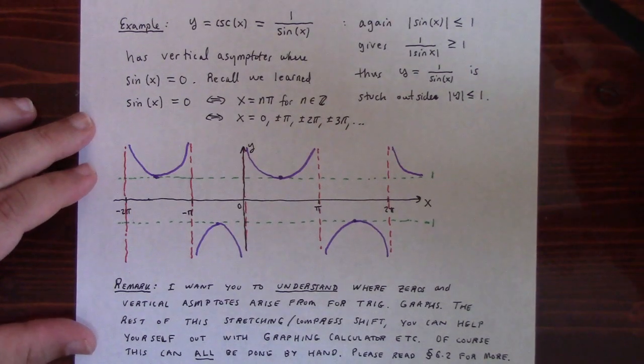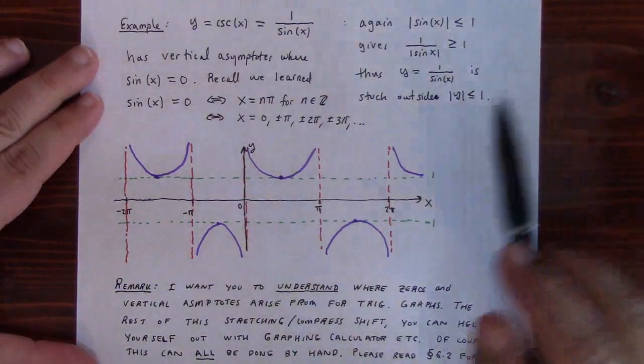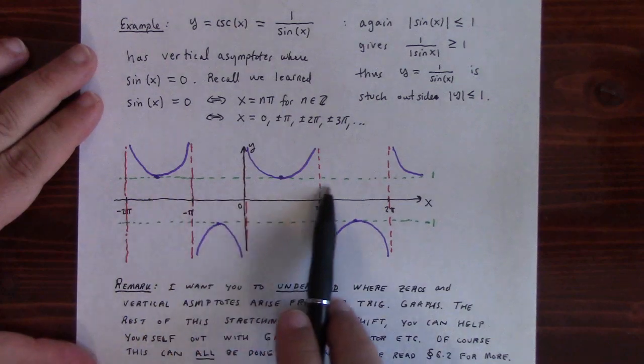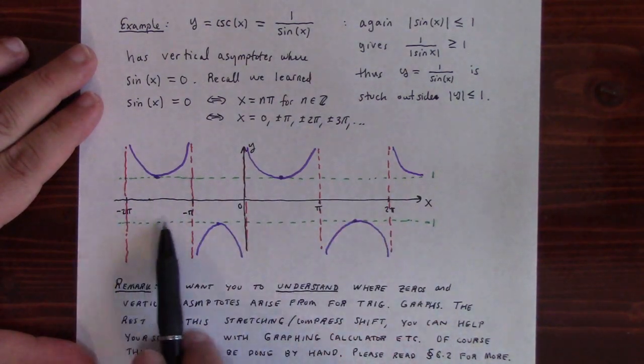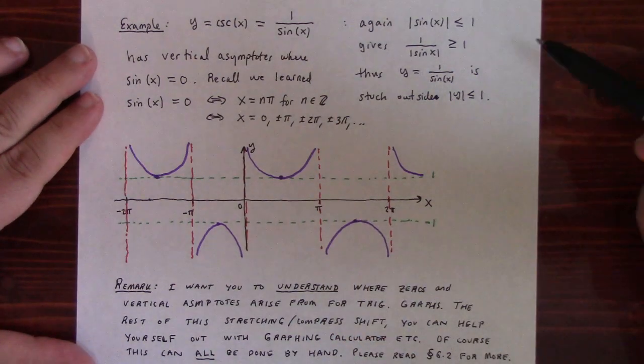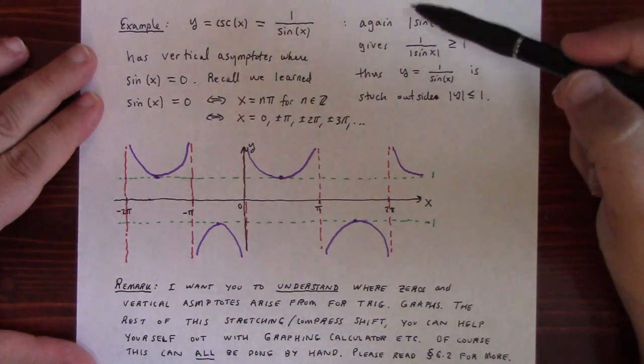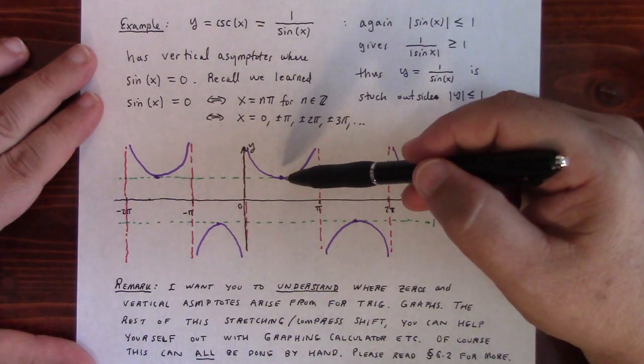So that helps me draw. I just draw these green lines to tell me, hey, cosecant's stuck outside these.